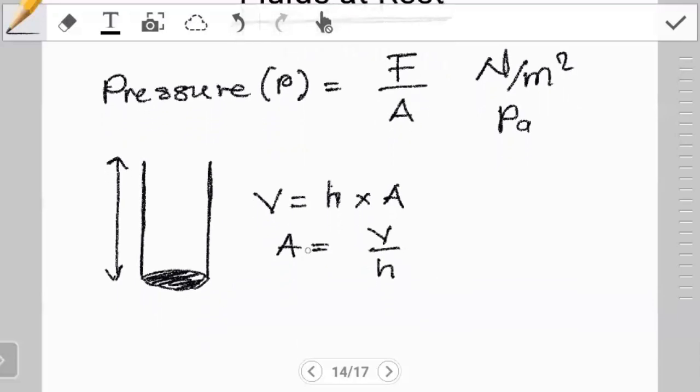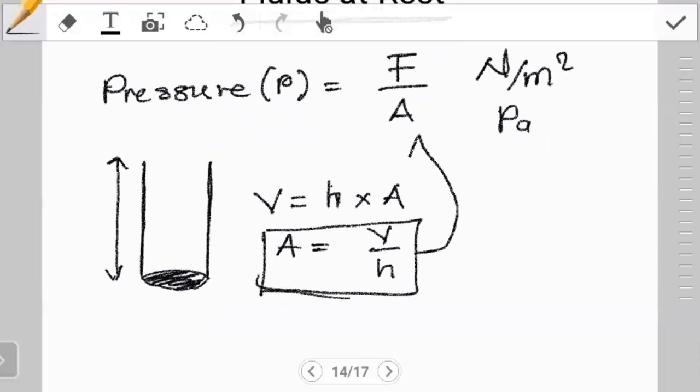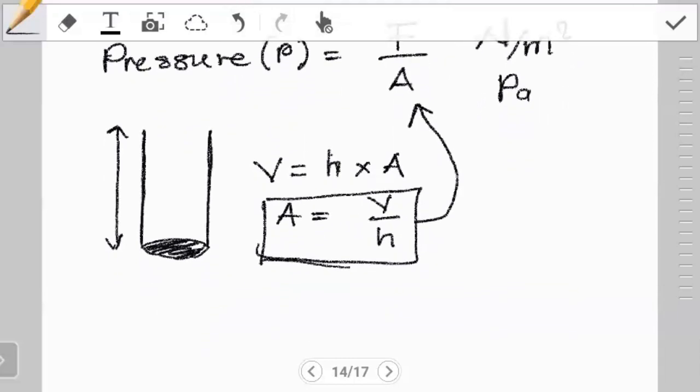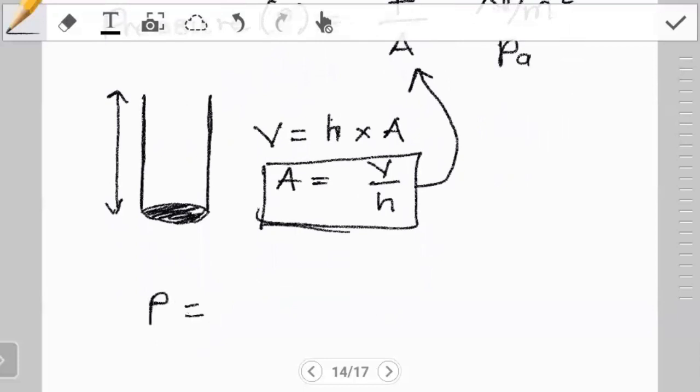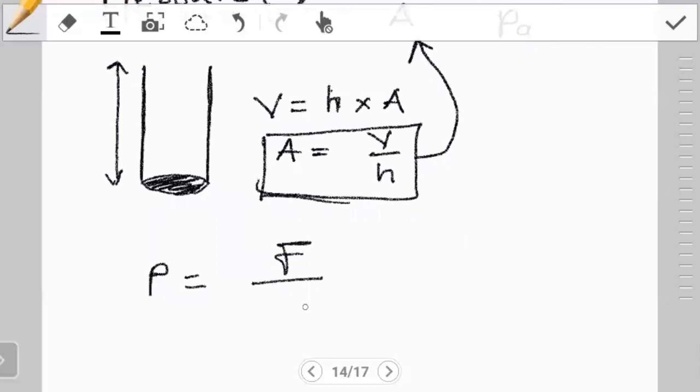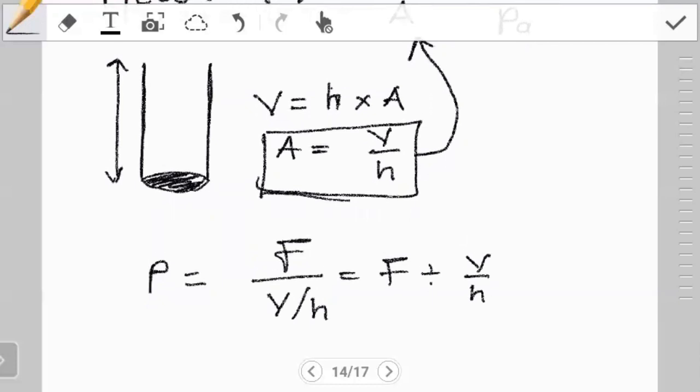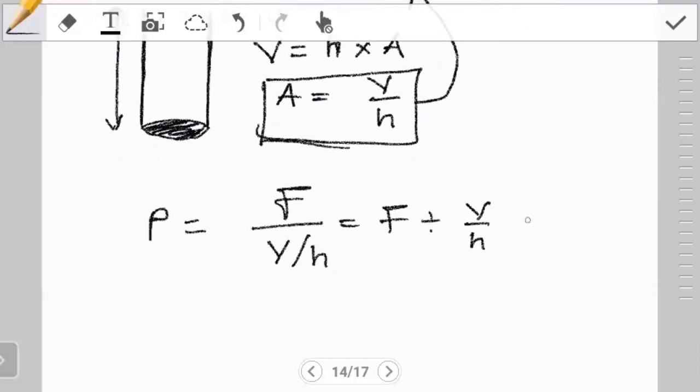If we substitute this expression for area into our earlier expression for pressure, we have pressure written in terms of force, and where we had area, we now have volume over height. This just means it's force divided by volume divided by the height, changing that division into multiplication.